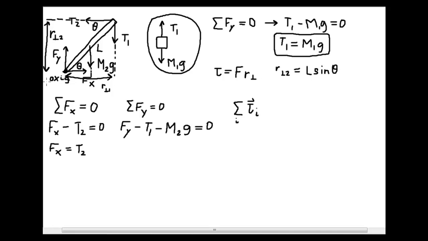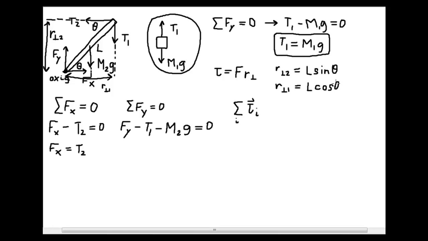That's R perpendicular 2. R perpendicular 1, if we look carefully, is the base of the triangle with angle theta, so R perpendicular 1 is the side adjacent to the angle. So R perp 1 is L cosine theta.